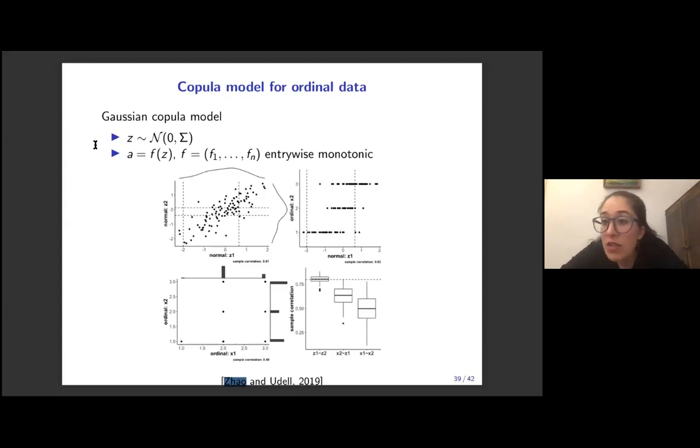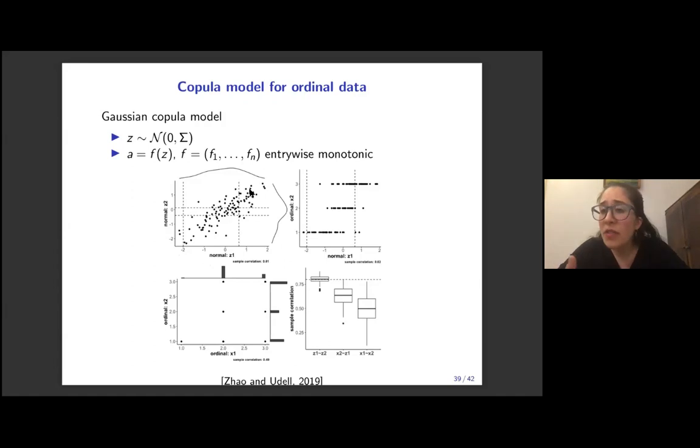So here's the model. Your low-dimensional vectors are drawn from a normal distribution with some covariance sigma, and the observations are generated by some entry-wise monotonic function of that. So in pictures, here's what it looks like. You imagine that the underlying latent structure is actually just a Gaussian structure.